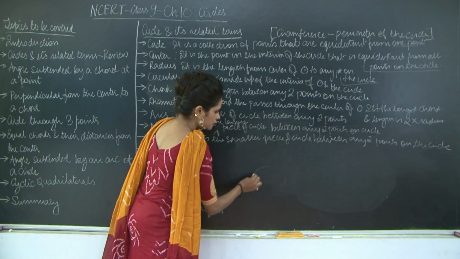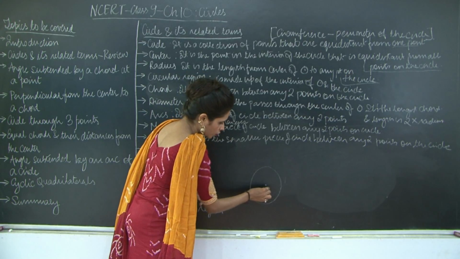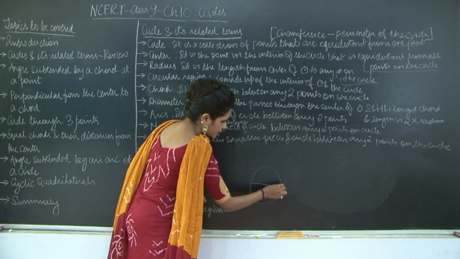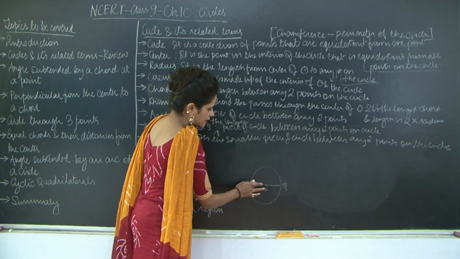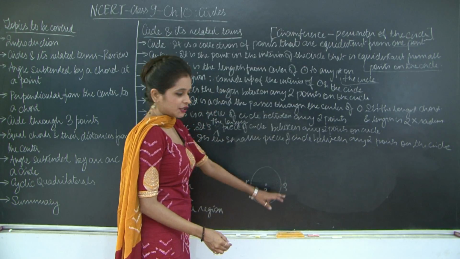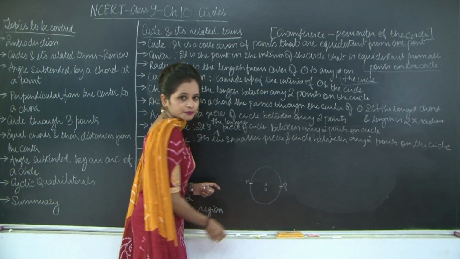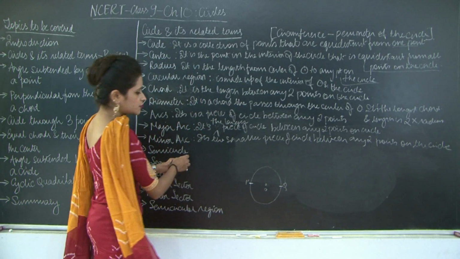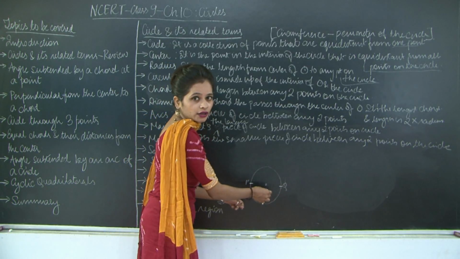How about this, with center O? I have P and Q as the diameter. Now I am just erasing this section, but you know that PQ passes through the center. So PQ is the diameter. So what about these two arcs? Each of these will be called a semicircle because the end points are lying on the diameter.